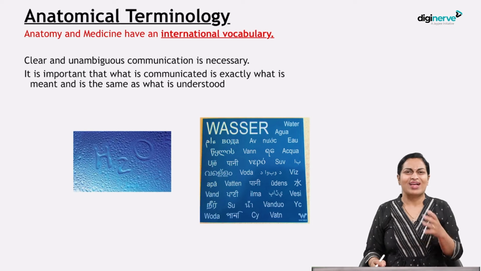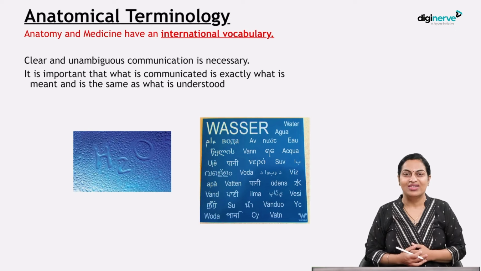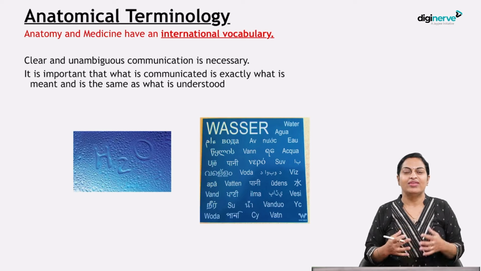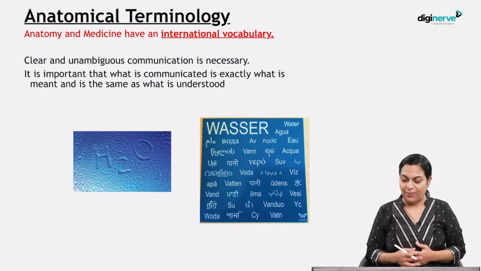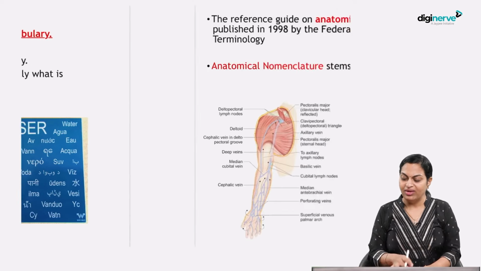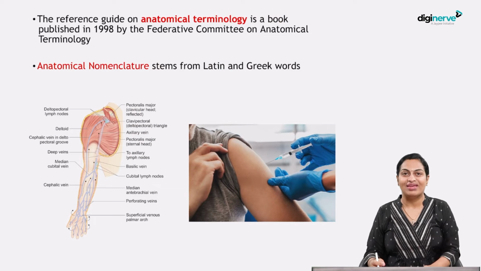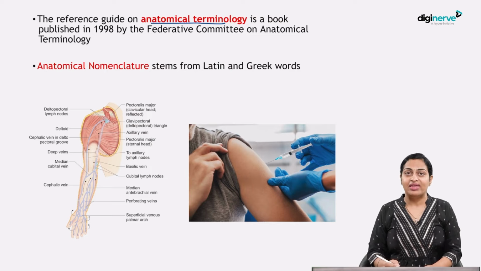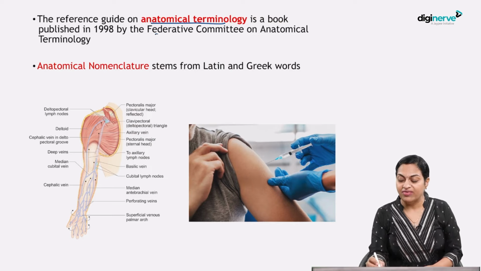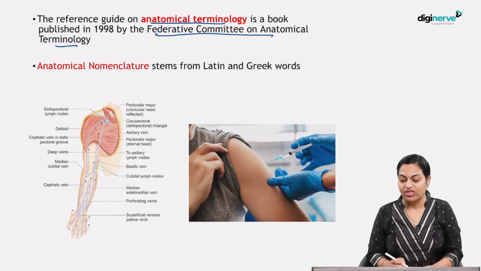So what about anatomical terminology? It is a common term that can be used by people speaking different languages, for understanding, and most of it is derived from Greek and Latin. The reference guide for anatomical terminology is a book published in 1998 by the Federative Committee on Anatomical Terminology.